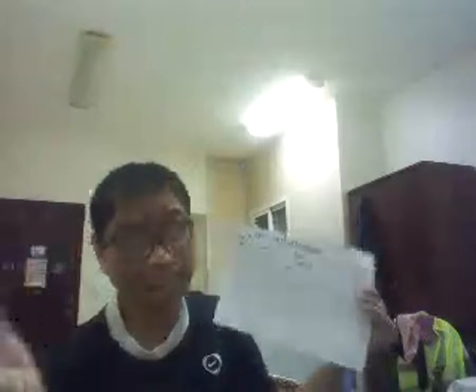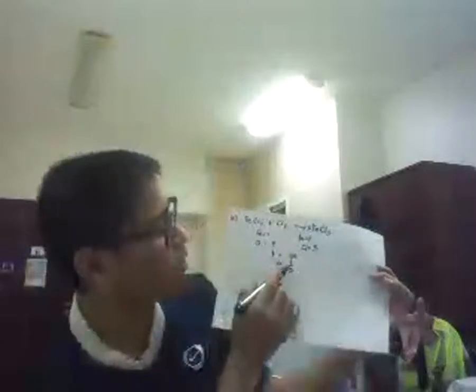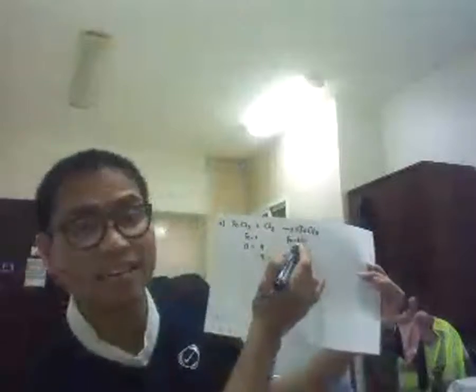We need to apply algebra again. We need to put the x, 4/3, beside the iron here, right? FeCl2 plus chlorine gas is equal to 4/3, like this. See?